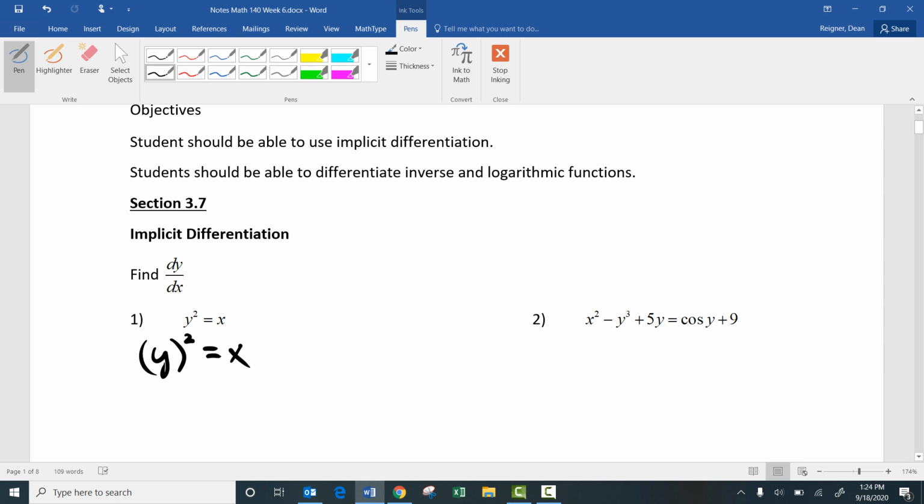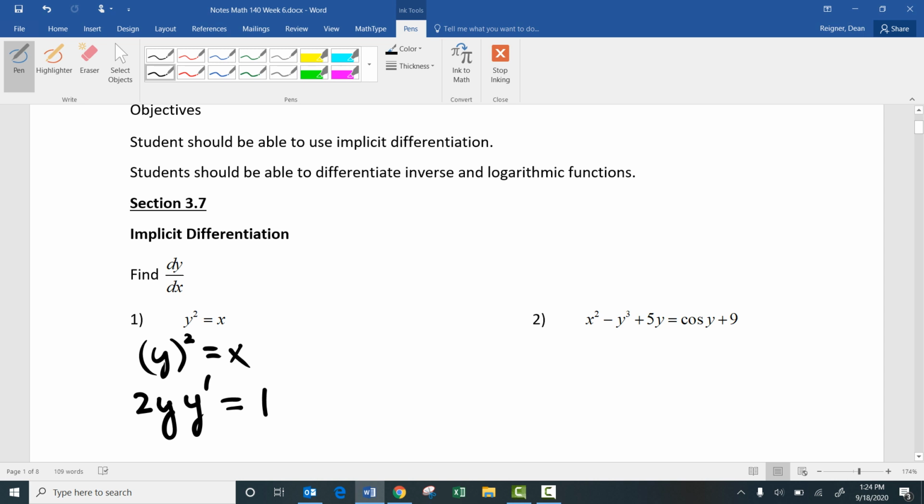So 2 times 1 is 2, and then y goes to the first power. And then if you remember, you do the derivative of the inside. This is like the chain rule. So the derivative of y is y prime. And then equals the derivative of x, which is 1.